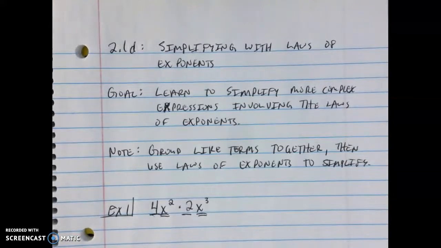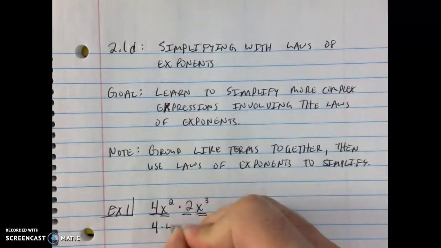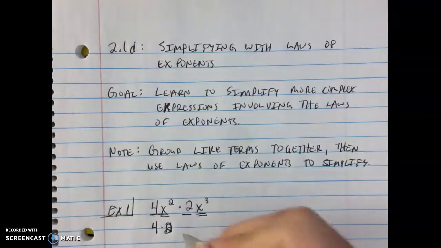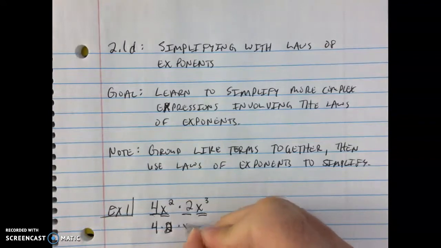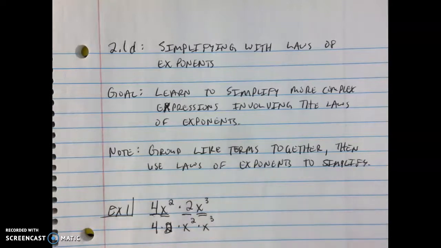So we're going to rearrange the order in which this is written to group our like terms together. So what that means is we're going to have 4 times 2, times x squared times x cubed.